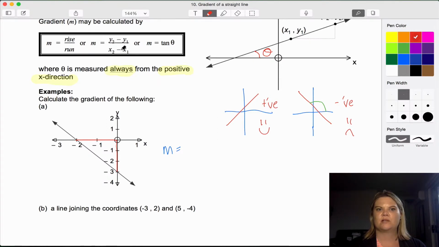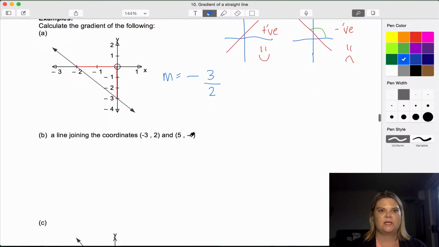But if you wanted to use y2 minus y1 over x2 minus x1, because you're more confident with that, you could use 0, negative 3 as one point and negative 2, 0 as your second point, and this one would work as well. So rise over run, this is a negative graph because it's going down at the right hand side, so I'm going to put a negative to start. Rises up 3 and across 2, and there we go. The gradient is negative 3 over 2.